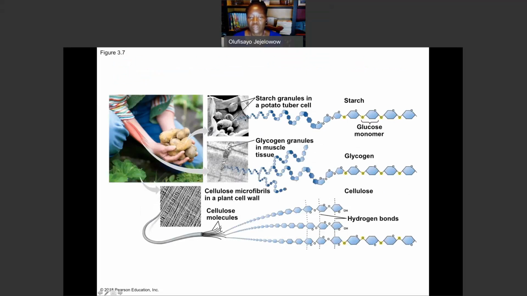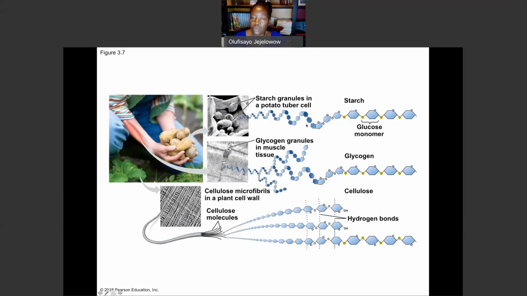In addition to the organelles, these are granules that are stored in the potato tuber. I will send you some video to watch. We normally would observe this in the real laboratory under the microscope. We're not able to do that because of the pandemic, but I will email you videos to watch.